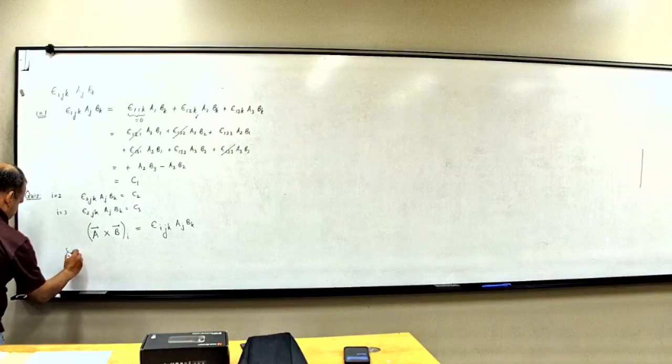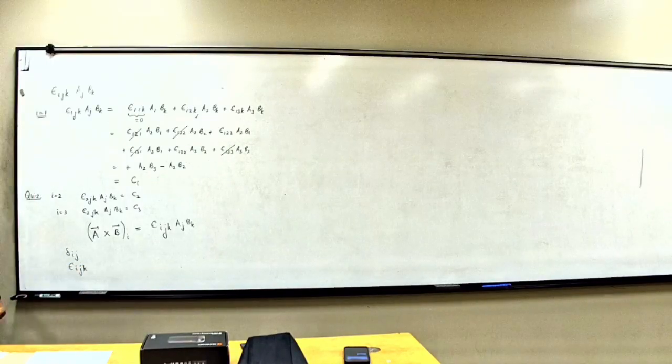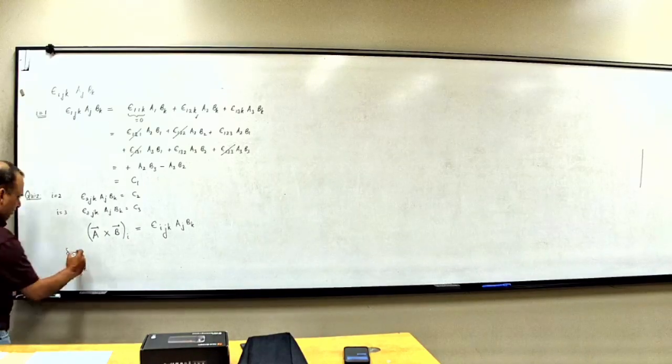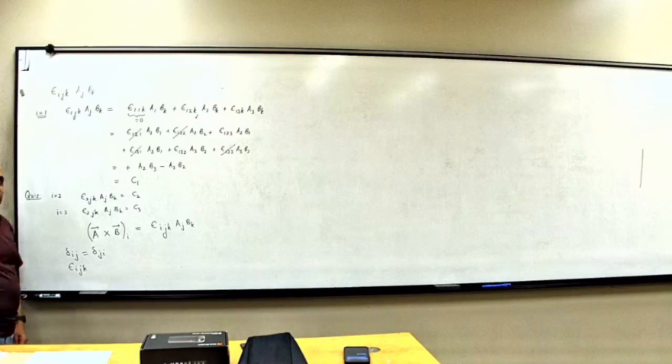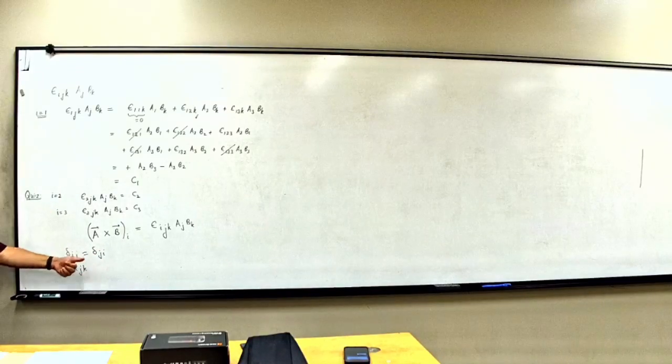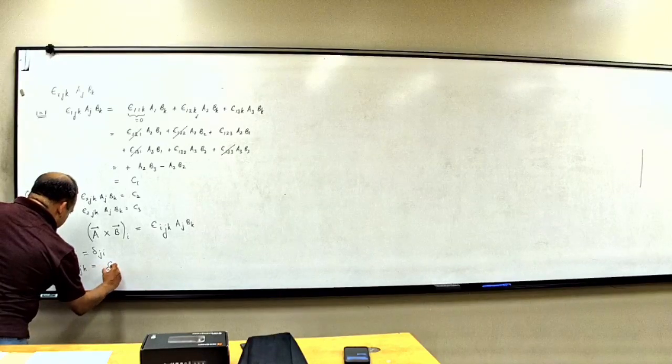Delta ij and epsilon ijk. There is a symmetry property in each of these. Here, if I replace i and j, the symbol doesn't change. Like ij is the same as ji. So that's called symmetry. It has a symmetry in swapping i and j. But what will happen if I were to swap epsilons?